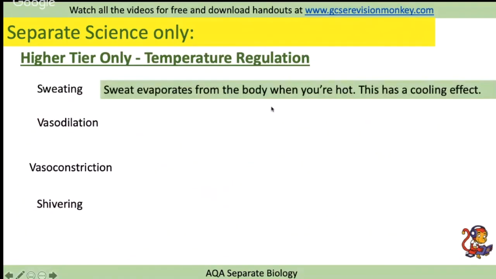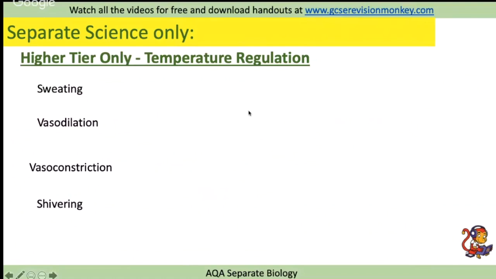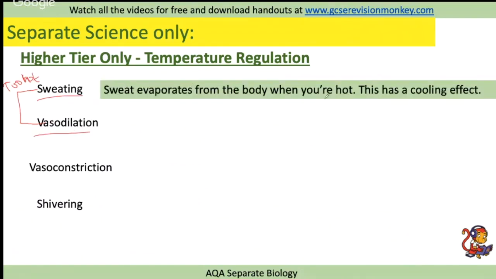A little bit on temperature regulation. If you are too hot, you're going to want to cool yourself down by sweating or vasodilation. So sweating, if sweat evaporates from your body, this has a cooling effect.